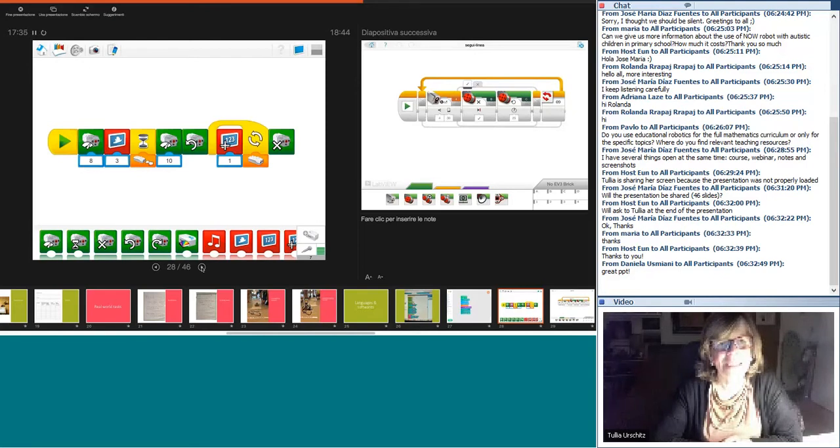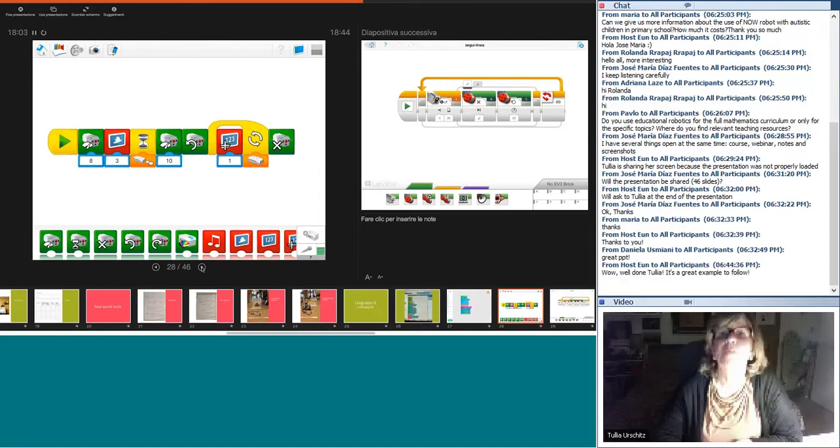But I learned with my students many things, and now I'm able to use simple programs. It's not difficult, it's quite easy. What is really important is to have in mind what is the target that you want to reach with a problem.